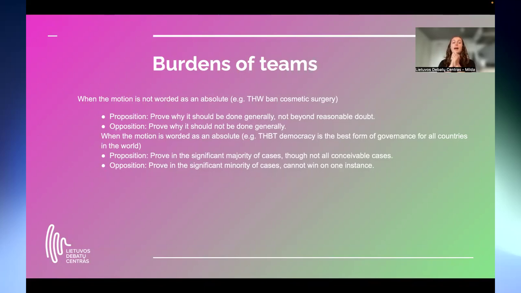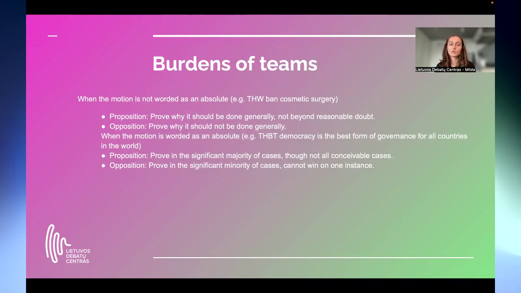When the motion is worded as an absolute, so you can see the examples of how the phrasing differs in those two scenarios, proposition should prove in the significant majority of cases why the motion is good and should be installed.